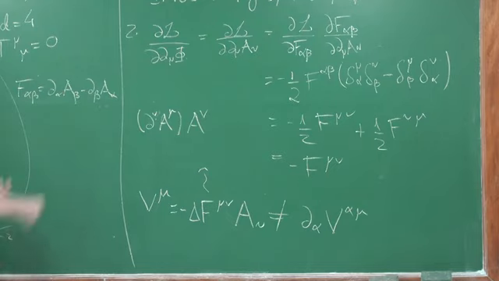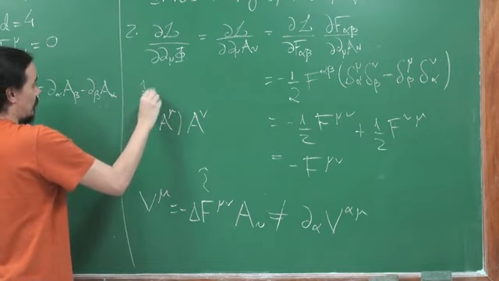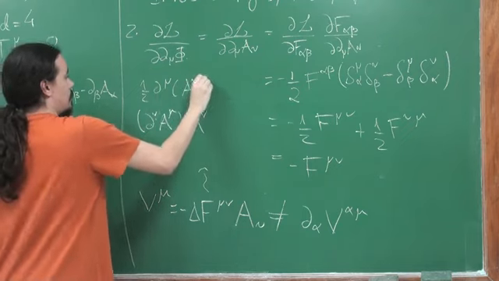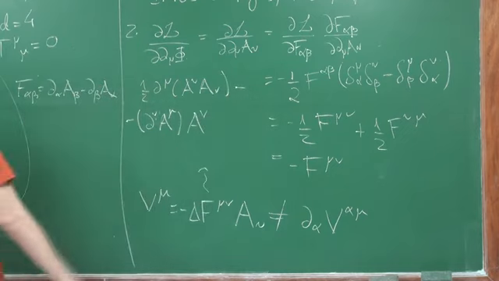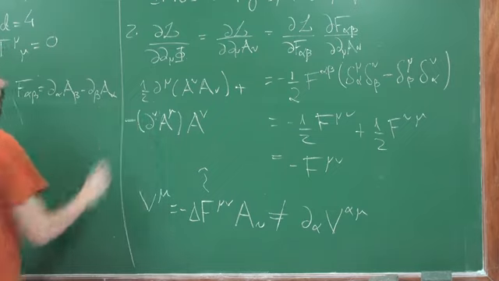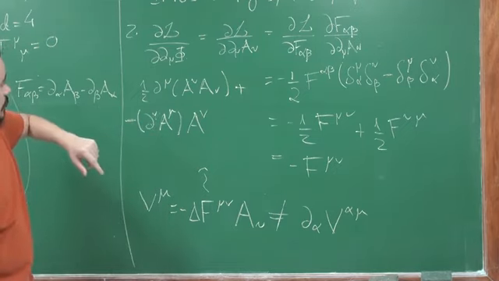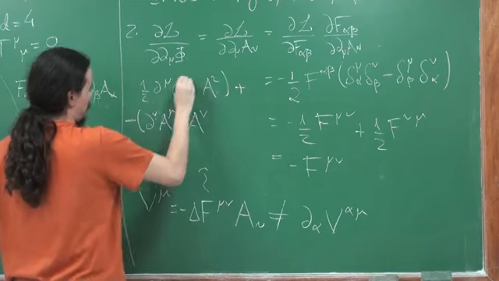Or if you want to, the first term would give something like this, which is a total divergence, but then you would have to combine it with this one with the same structure.